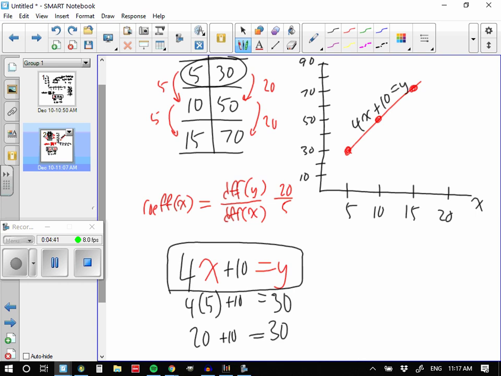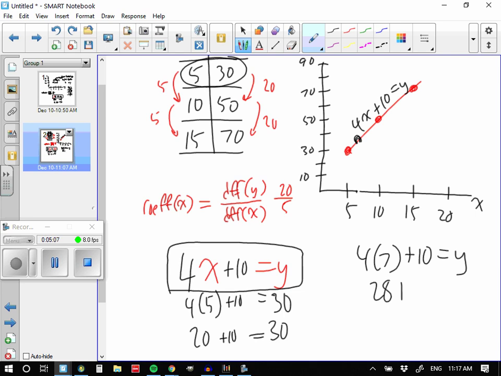And real quick, just to show you that that's roughly true, if I made x 7, so 7 would be roughly right there on the x-axis. Let's substitute that into my equation. So x is 7, so 4 times 7 plus 10 will equal the y value.